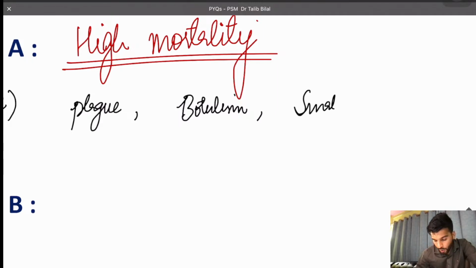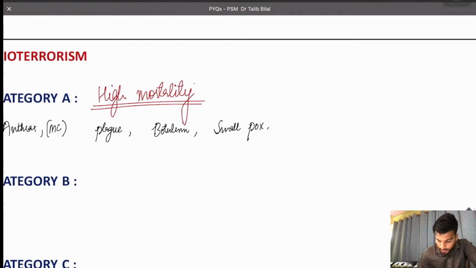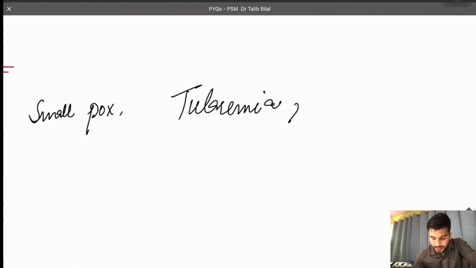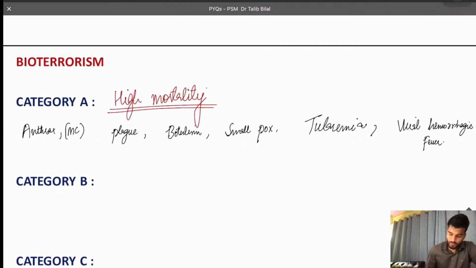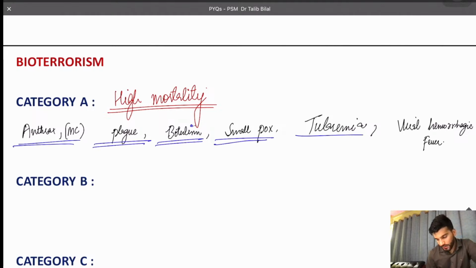Then we have smallpox, tularemia, and viral hemorrhagic fever. So: anthrax, plague, botulism, smallpox, tularemia, and viral hemorrhagic fever.